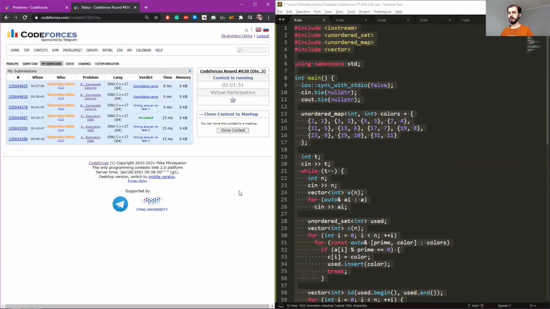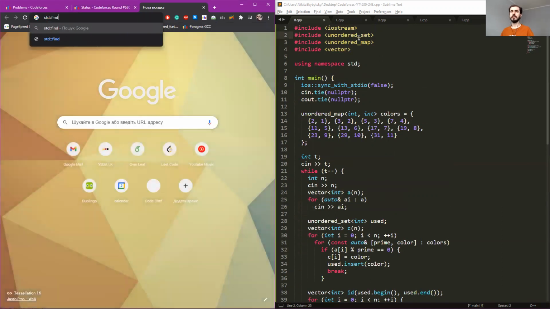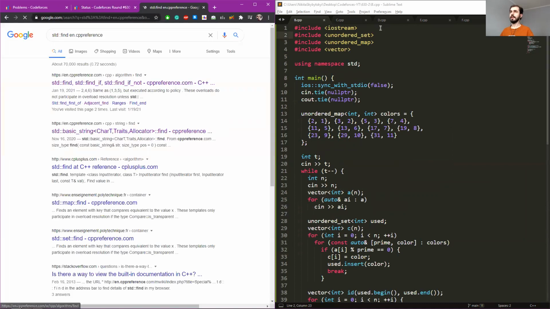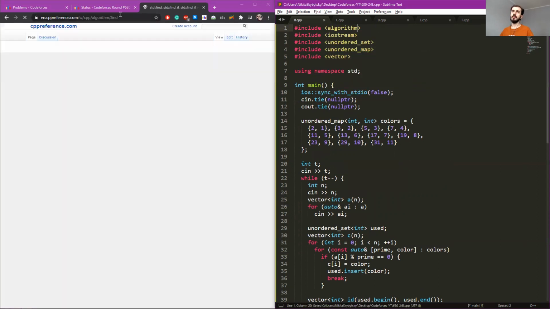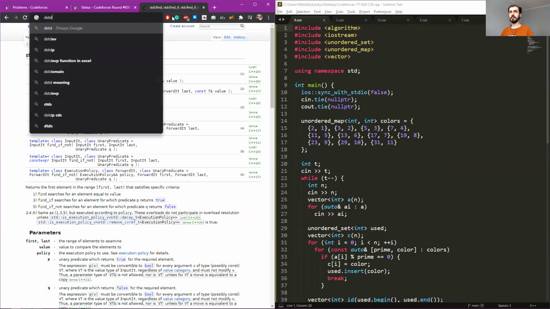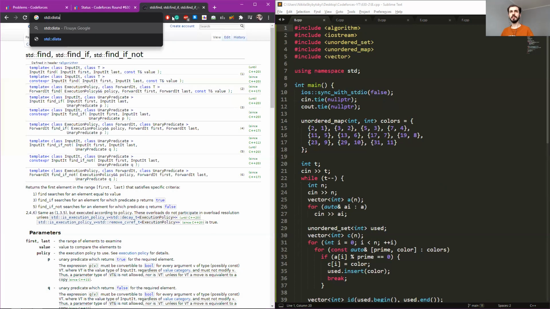I don't understand. Do I have to input something like a strange form? Oh, really? Do I have to include an algorithm? Maybe I need one more separate header for distance, huh?